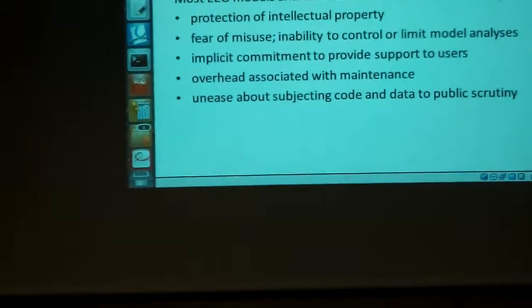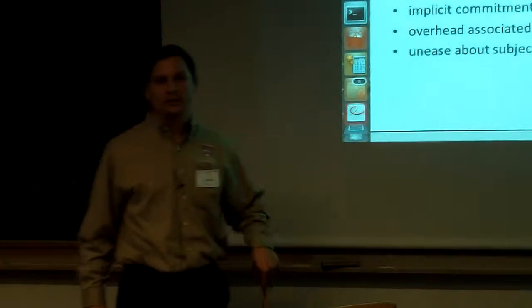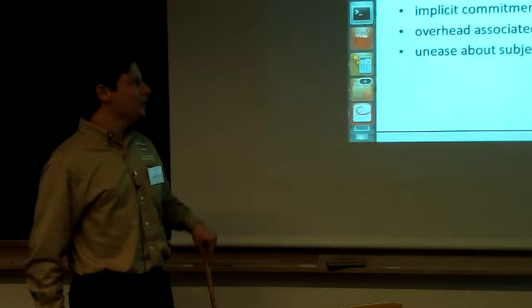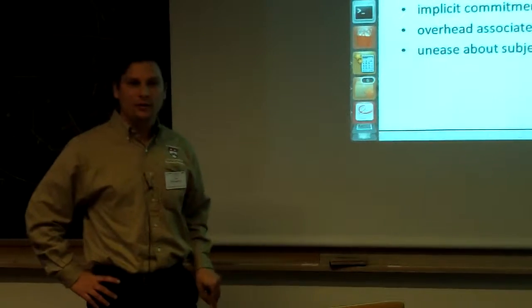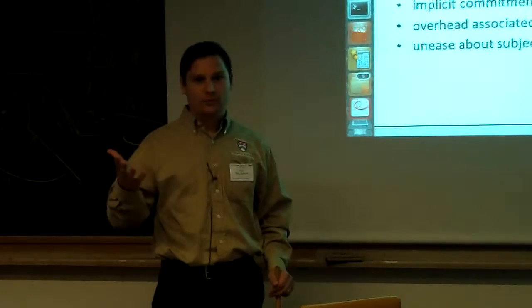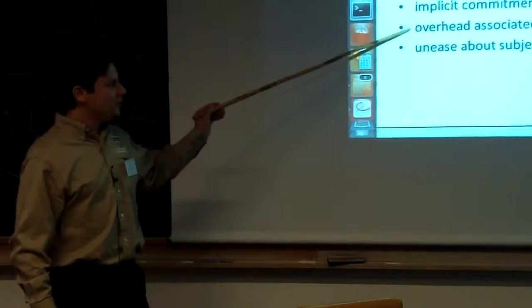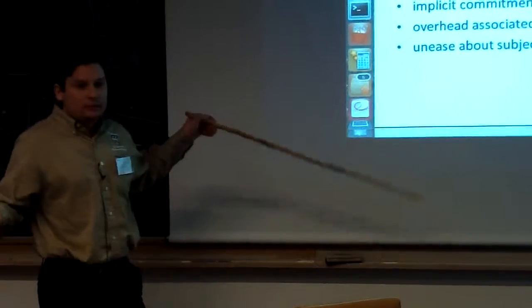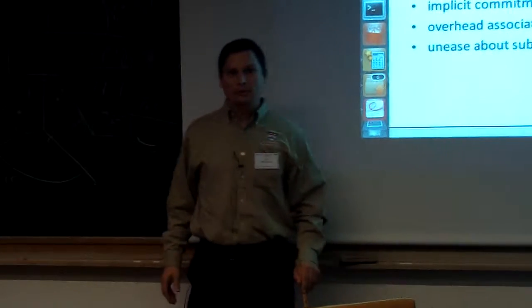You make this thing publicly available, you start getting streams of emails about how to install it and what happens if I get this number, and it's just a headache. There's overhead associated with maintenance: you might have to keep it online, pay for a web server, maintain a database. And people are generally uneasy about subjecting code and data to public scrutiny.